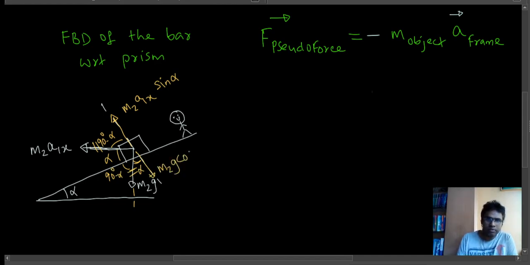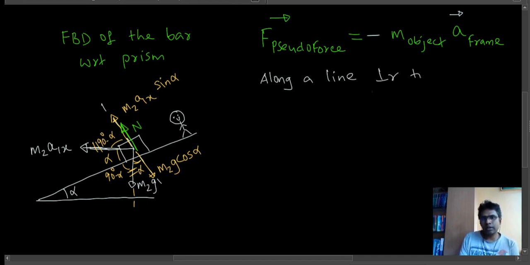So the component of the gravitational force along this line will be m2g cos alpha. In addition to these two forces, we also have the normal force applied by the prism on the bar, which is n. Now along a line perpendicular to the incline, the acceleration of the bar is clearly 0.